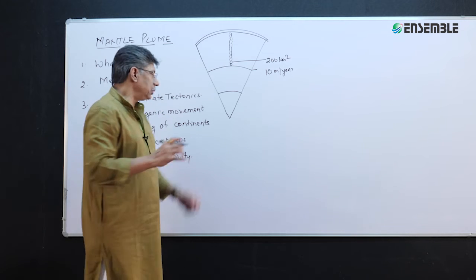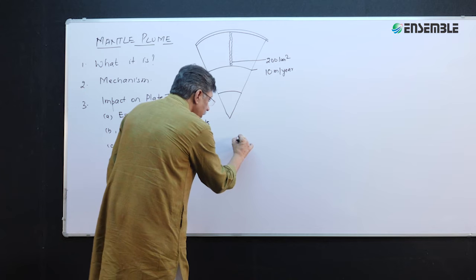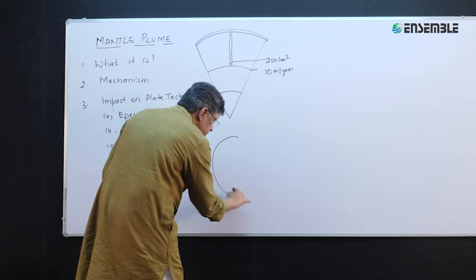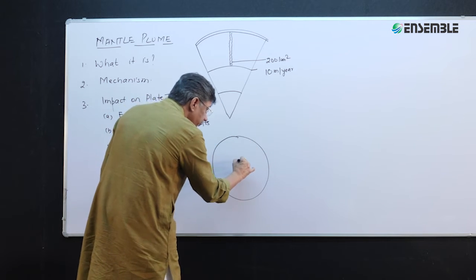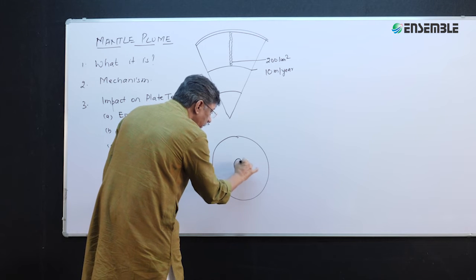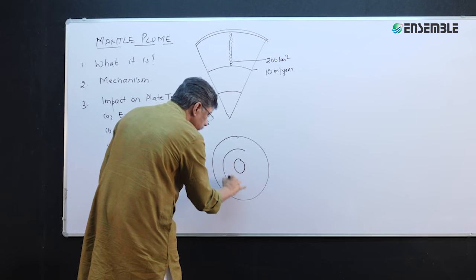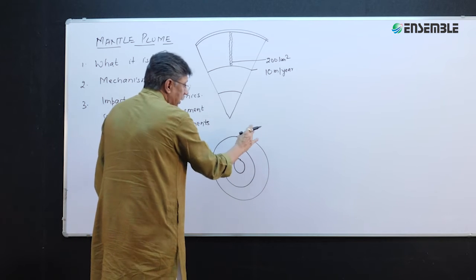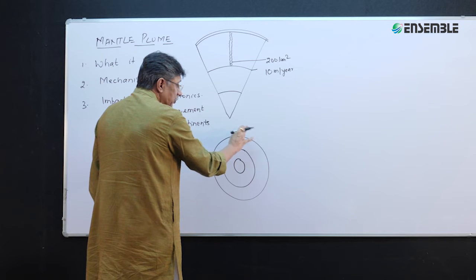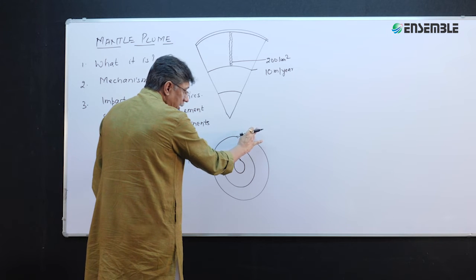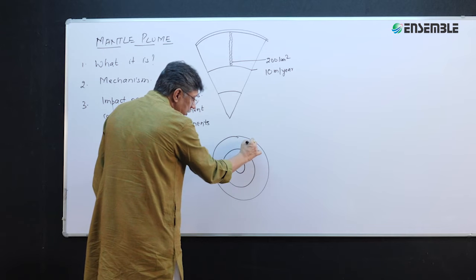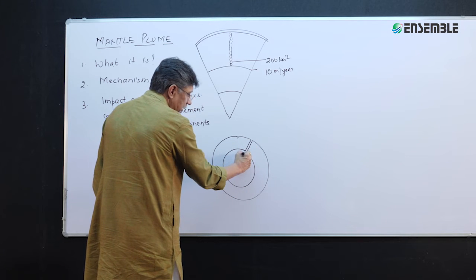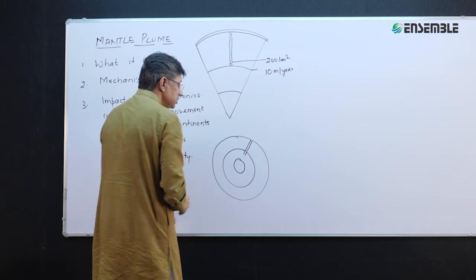So it's possible that millions of years back there was a meteoritic impact. In the course of this meteoritic impact, the meteorite hit and it kept on sinking beneath the earth, up to the portion till which it kept on sinking.